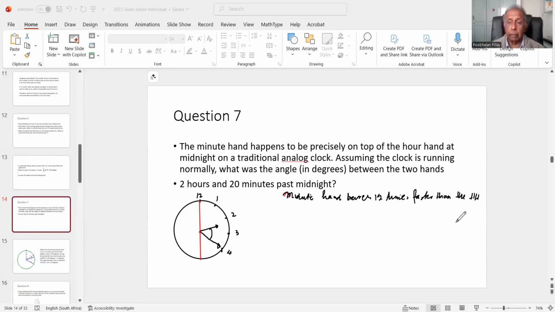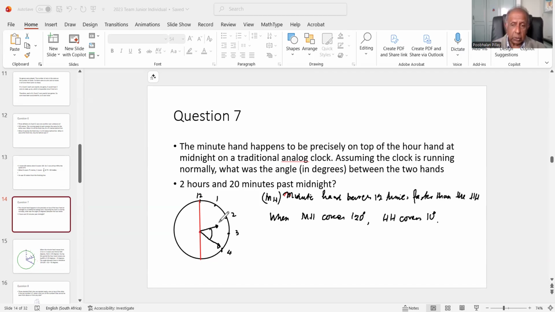We'll call it hour hand, HH. Okay? Minute hand, MH. So in other words, when the minute hand travels through 120 degrees, the hour hand covers 10 degrees, right?